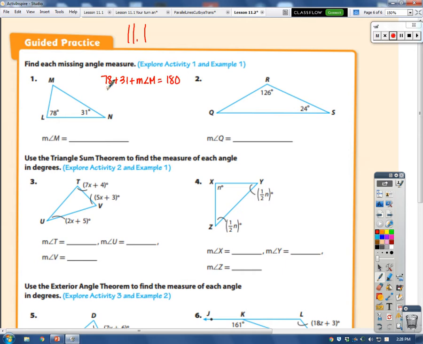So 78 plus 31 equals 109. Plus the measure of angle M equals 180.